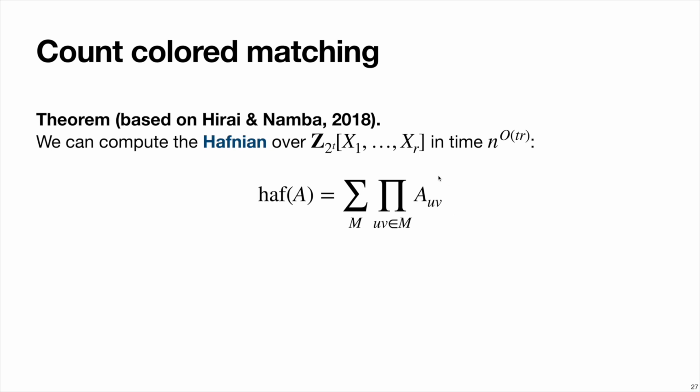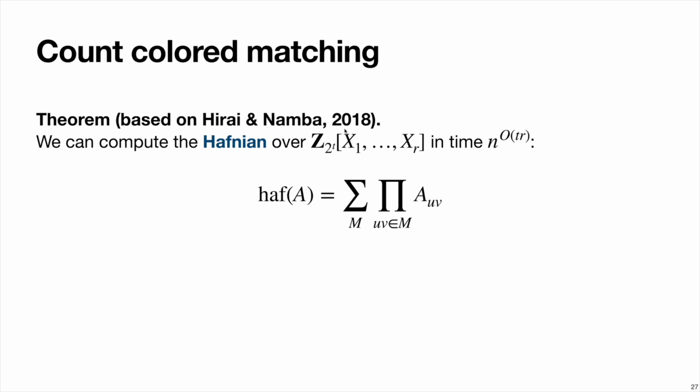It is the sum over all perfect matchings M in some graph. And then you take the product over all edges UV that are contained in the matching. And then you look at the entry A_UV of this matrix A and take their product.